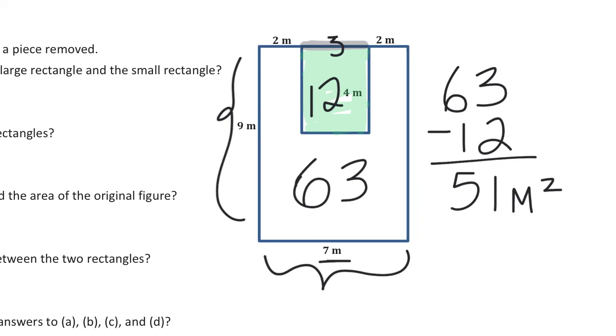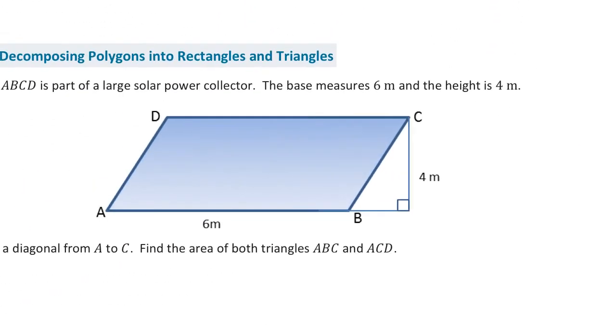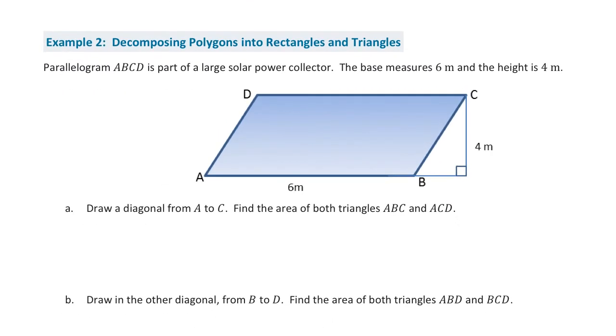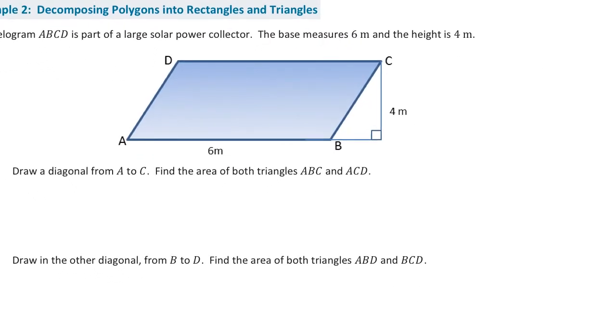All right, down at the bottom of the page, we have a parallelogram. Now they ask you to decompose, but we are not going to do that. We're just going to review how do we find the area of a parallelogram. And we do that by finding the base times the height. So area equals the base times the height.